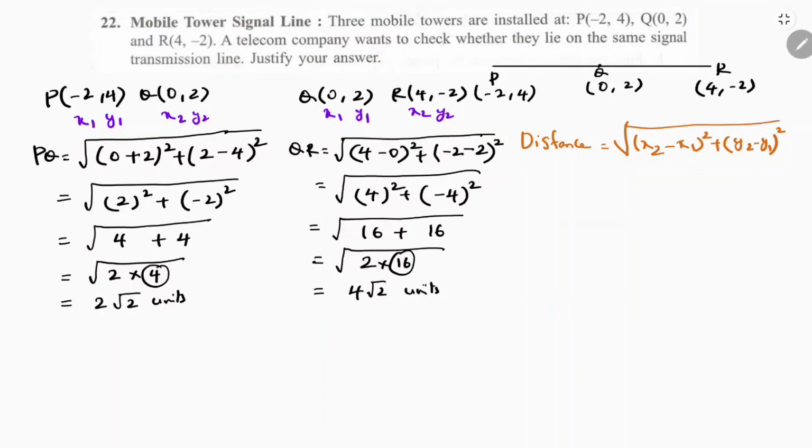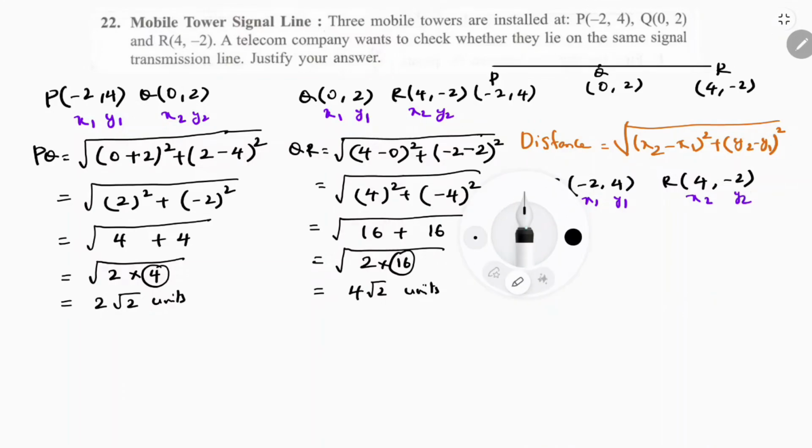Now I'll find the distance of PR. Here P is (-2, 4), R is (4, -2). I'll take these values as x1, y1, x2, y2.